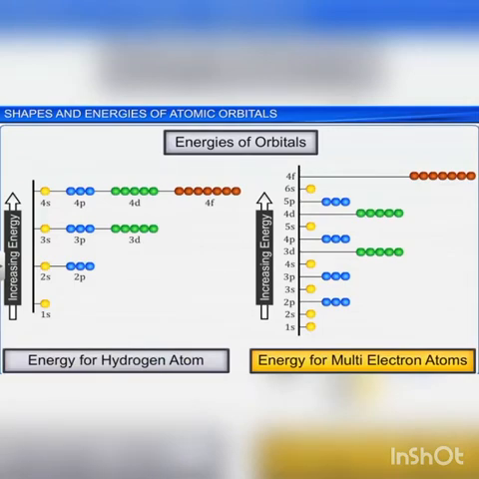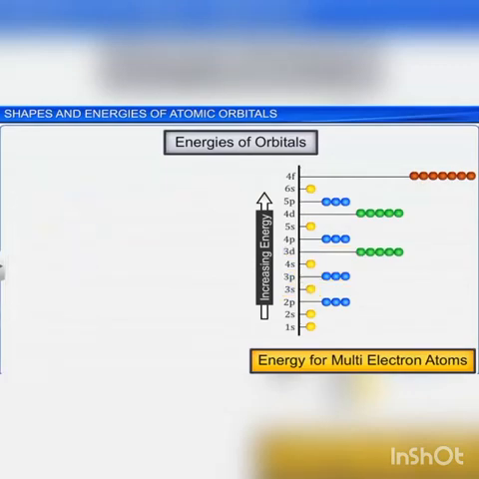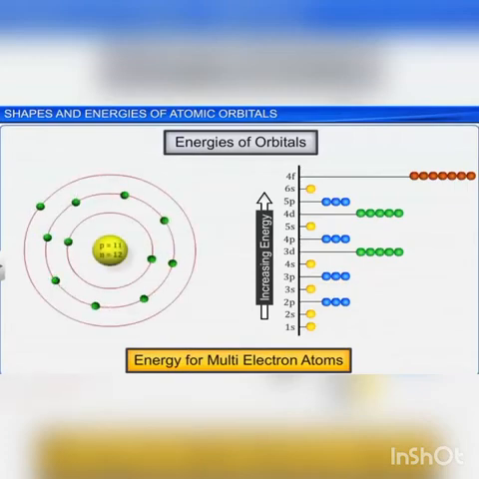Now, let us understand why in the case of a multi-electron atom, the orbitals of a given principal shell possess different energies, in contrast to the hydrogen atom. In a multi-electron atom, the different energies of different orbitals of a given principal shell are attributed to the inter-electronic repulsions among the electrons present.